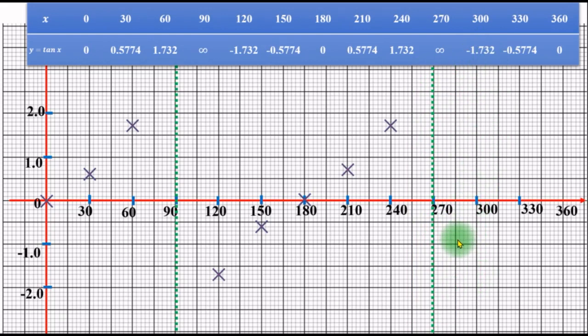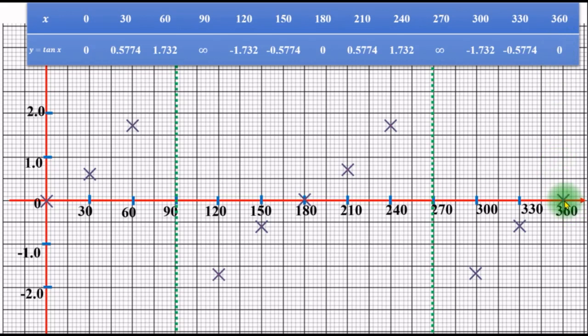Negative 1.7, so it's at this particular point here. Then 330, y will be negative 0.6 to 1 decimal point. So at this particular point here, we have put the mark. Then finally, when x is 360, y is 0. So at this particular point.